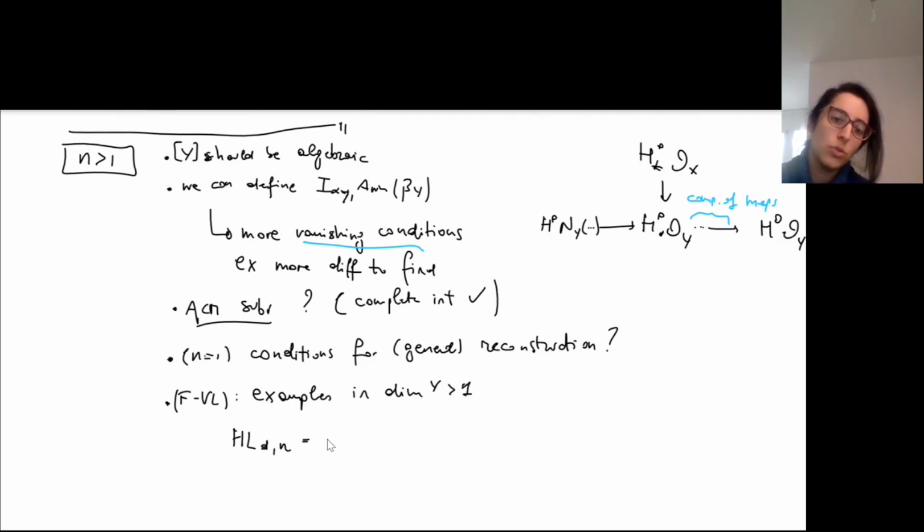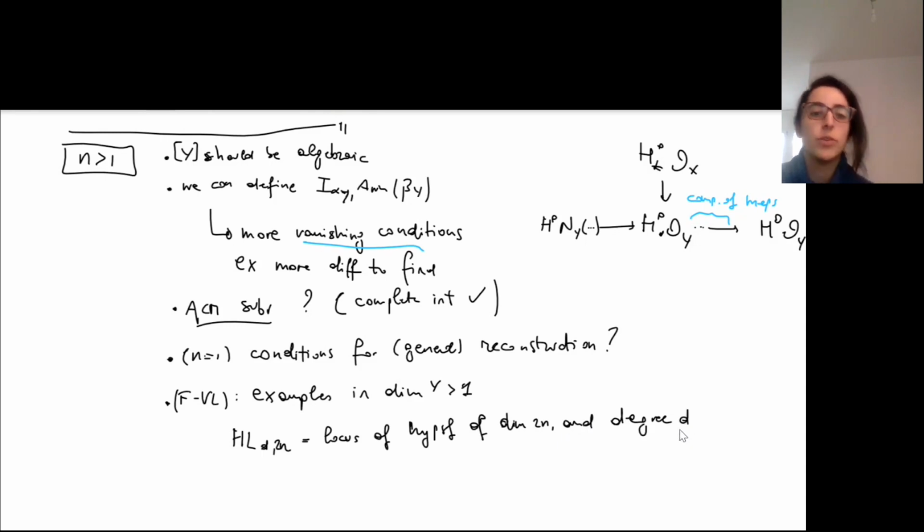So it is the locus of hypersurfaces, maybe I write it dimension n, degree d. So you want to study this Hodge locus, that's the generalization of the Noether-Lefschetz locus.